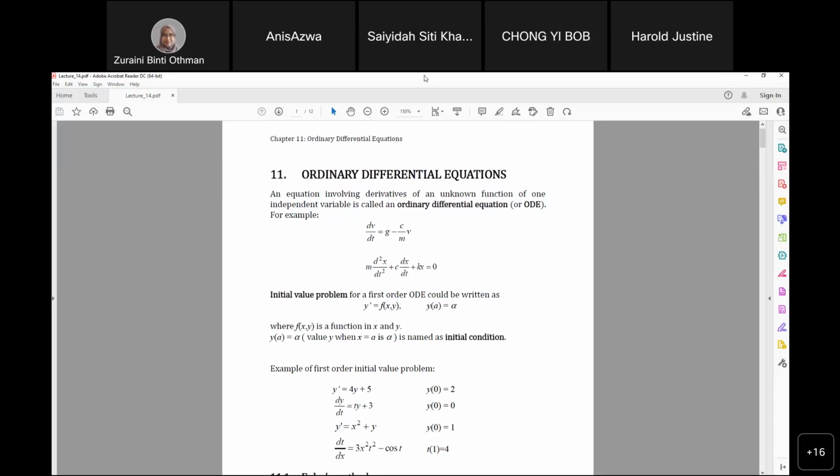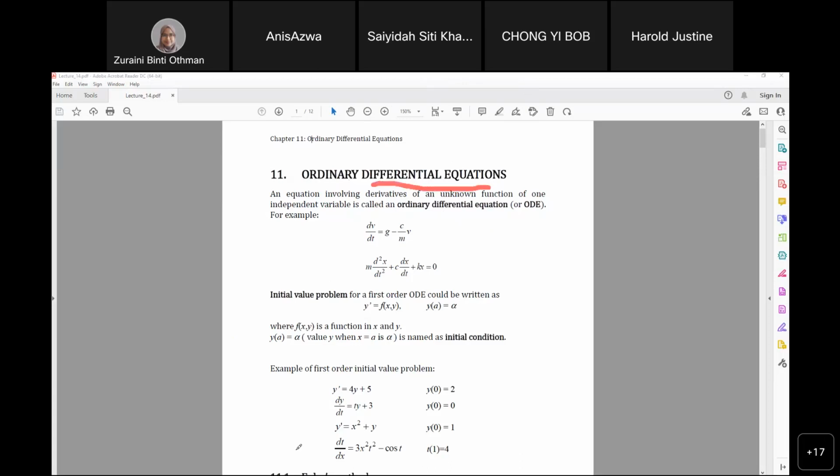Okay, ordinary, which means we also have non-ordinary differential equation, but our topic for this numerical method is ordinary differential equation. Like the differential equation we learn from calculus. Actually, what is persamaan pembezaan?